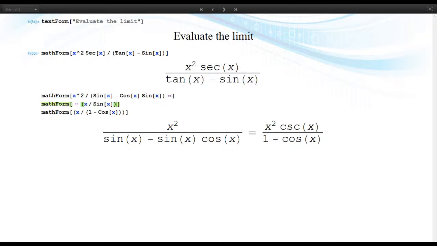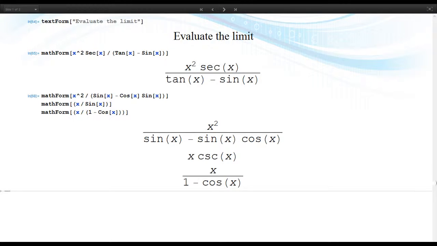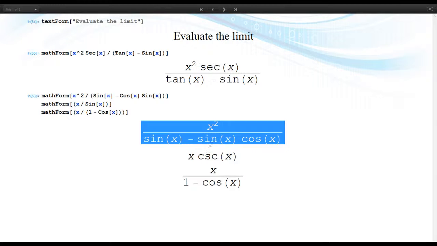Hopefully this isn't too hard to read. There we go. So the top expression is what I got from moving the secant to the denominator.